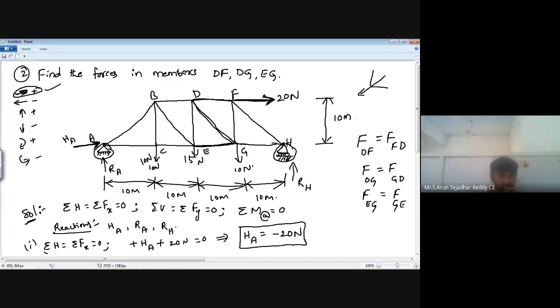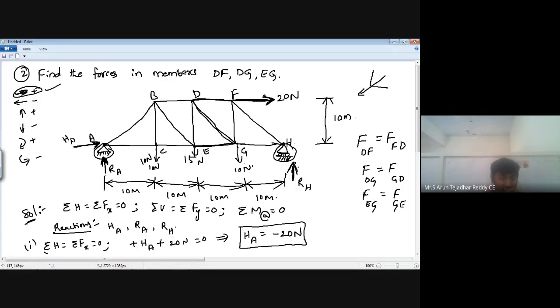Here RA is one vertical force, RH is also a vertical force, and 10 Newton load, 15 Newton load, 10 Newton load. Totally 5 vertical forces are acting here.